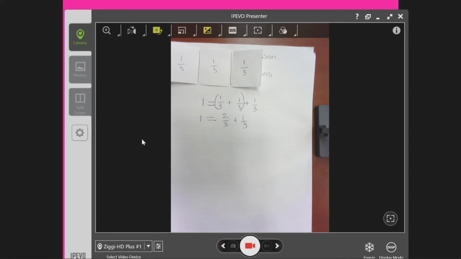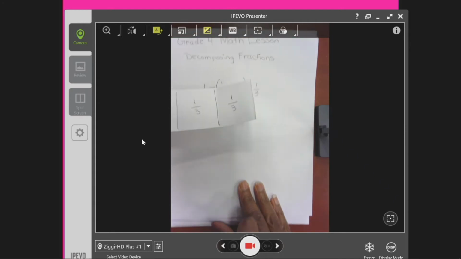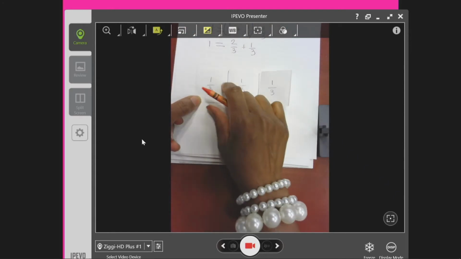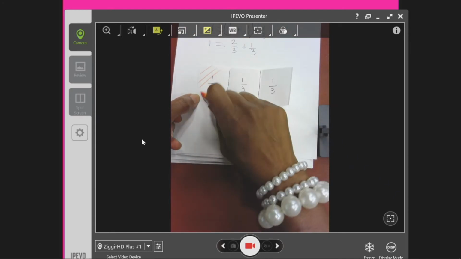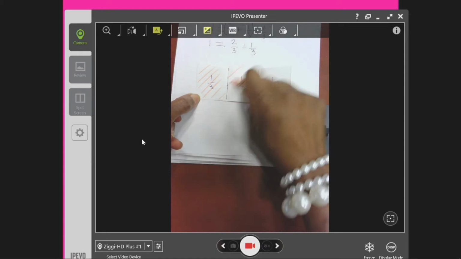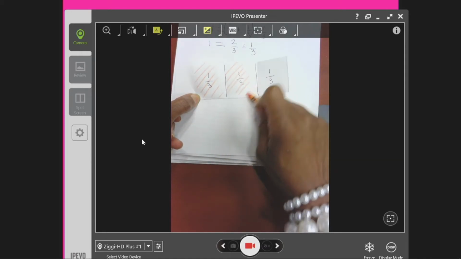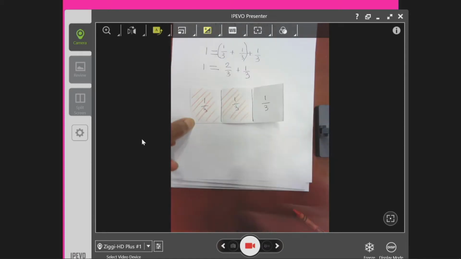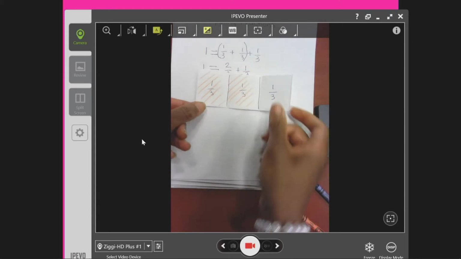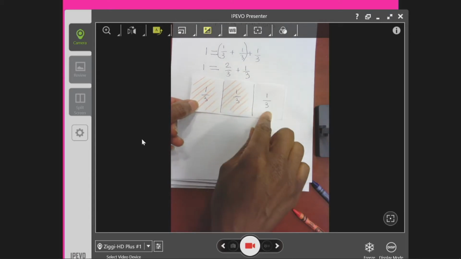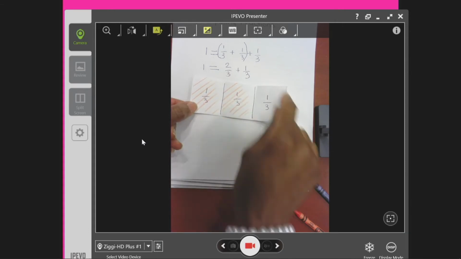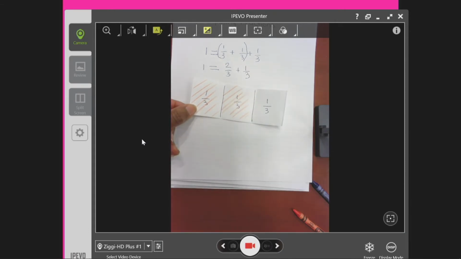I'm going to demonstrate this visually by coloring in 2 of the thirds. I'm going to shade those in, and I would like for you to do the same thing. So we visually see 2/3 plus 1/3 still equals our 1 whole.